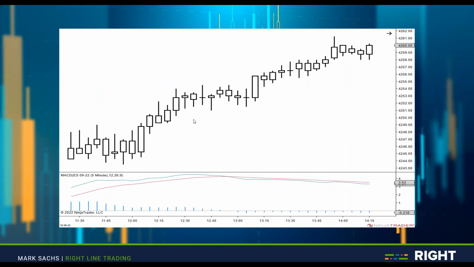Now, I just again wanted to emphasize that if we look at price on our trading chart and we see this MACD crossover, it's telling us what price has done, but it has no predictive value off the right edge of the chart.